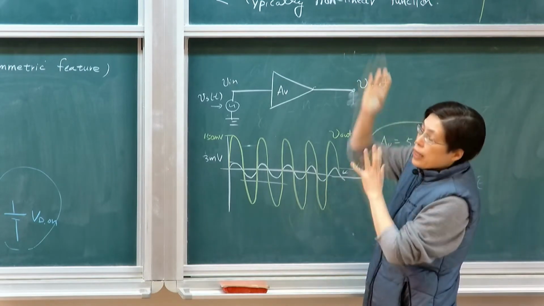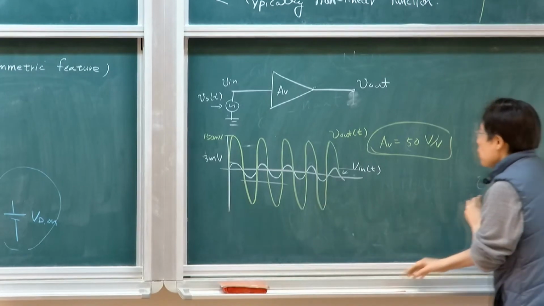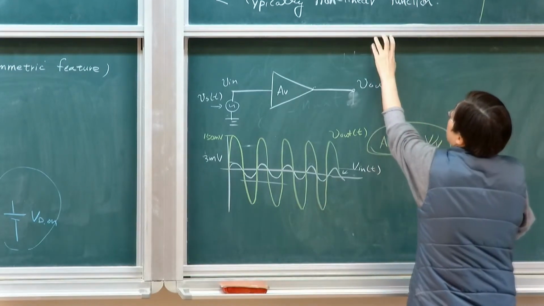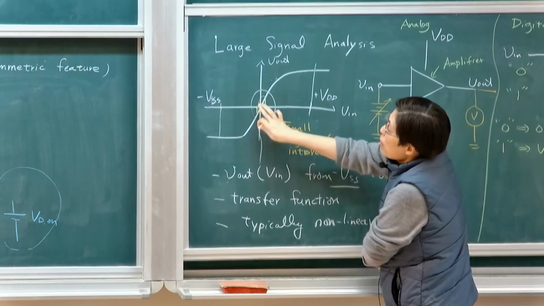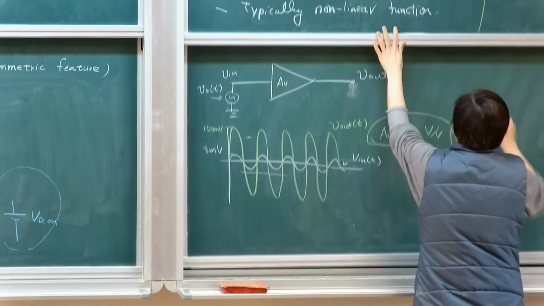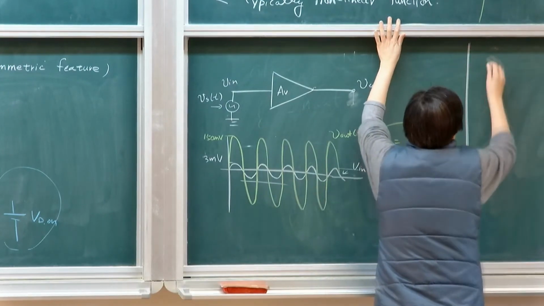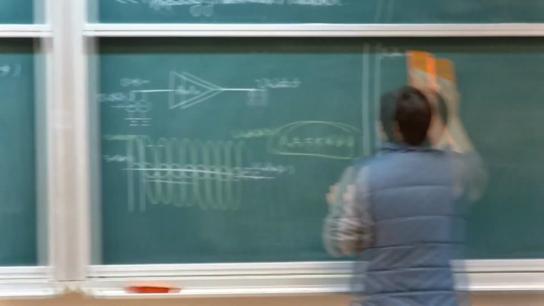So if I already know that I'm standing in the middle, we typically refer to this center of the signal range where I'm biasing as the operating point.